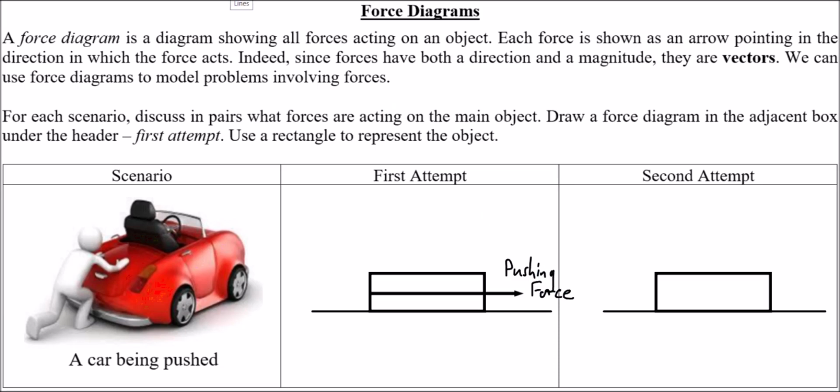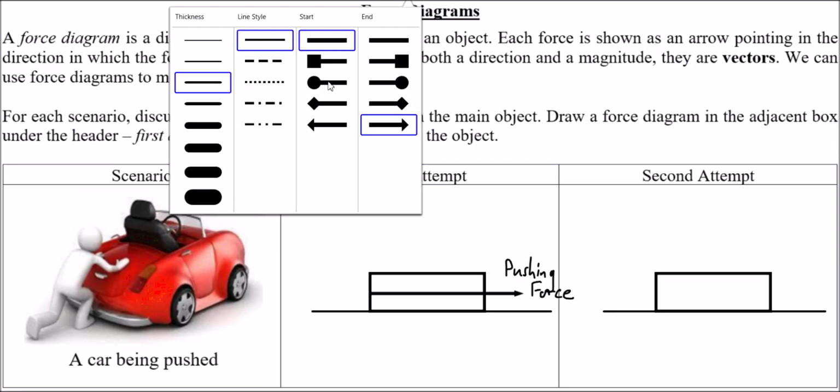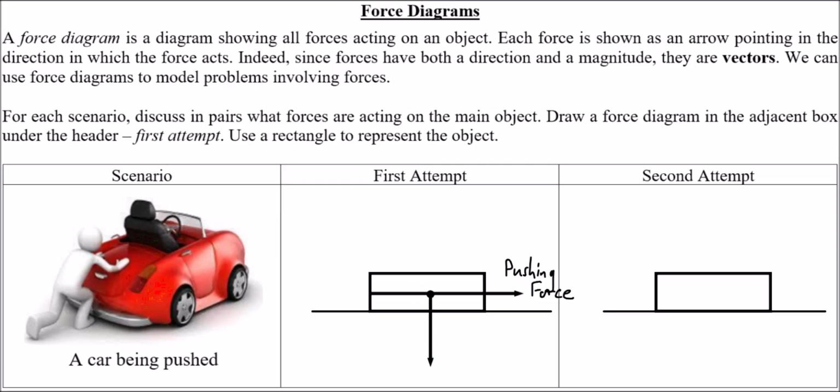But again, because it's an object on planet Earth, it will have an associated weight. So I'm just going to do a downward arrow to indicate the weight. And as well, you might be thinking, well, if the only force acting in the vertical direction was weight, it's not balanced.